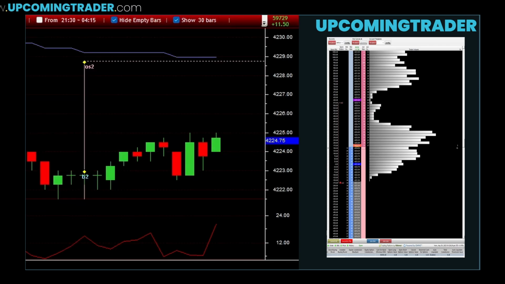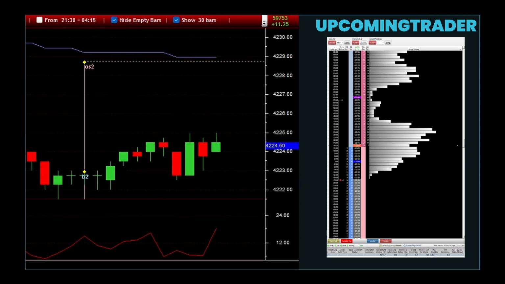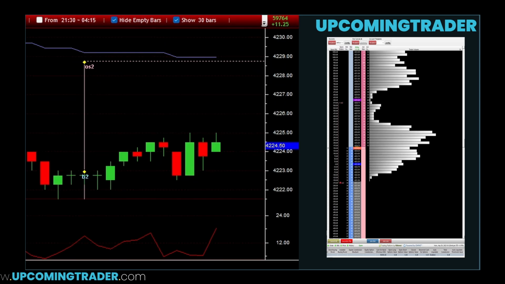When you see a doji, it is telling you that neither the buyers nor the sellers are in control, creating a point of balance that could lead to either a continuation of the current trend or a reversal. It is almost as if the market is at a crossroads, waiting to decide which path to take next.